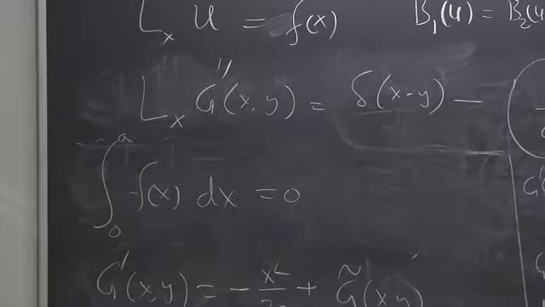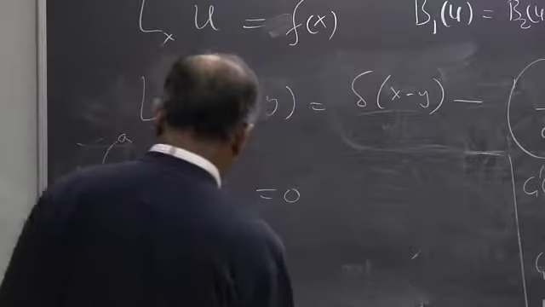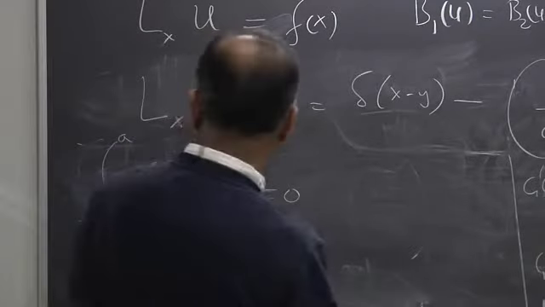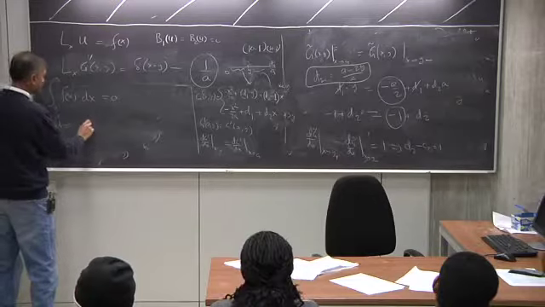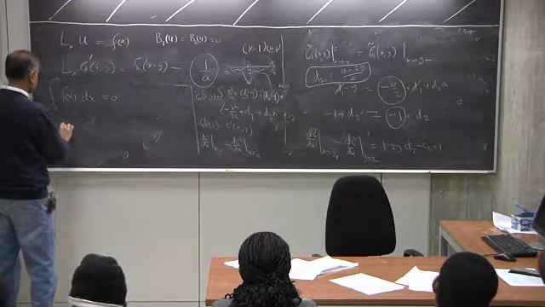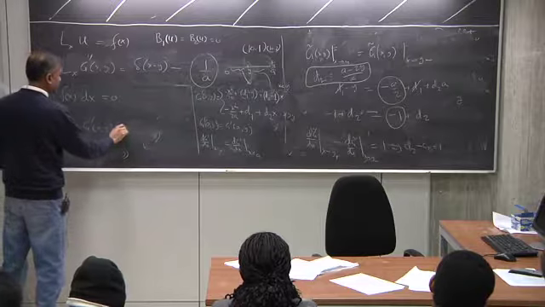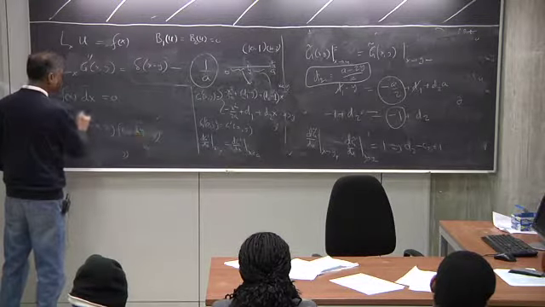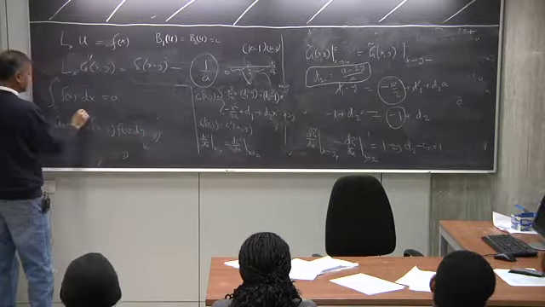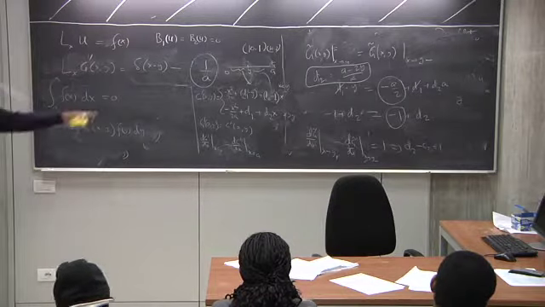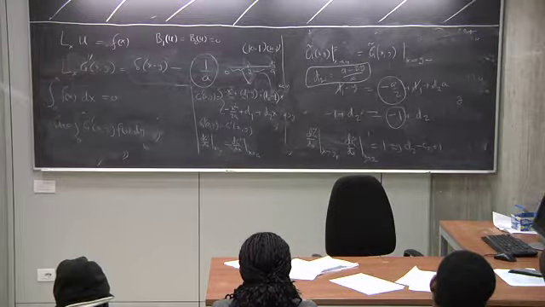And in such a case, you can find the solution of u by taking u of x equal to the integral of g prime of x, y times f of y dy. W is 1, so this goes from 0 to a, where g prime is given by that equation.